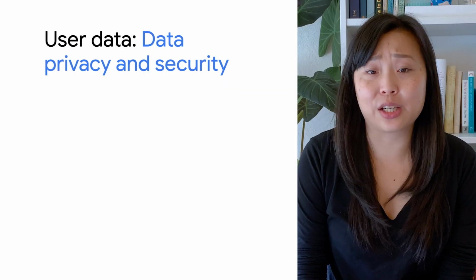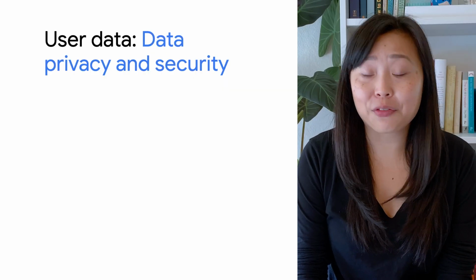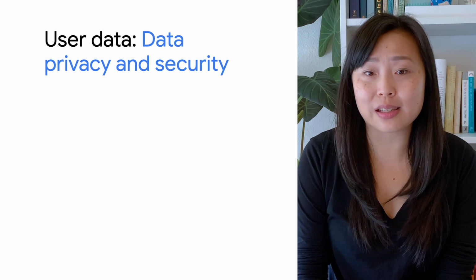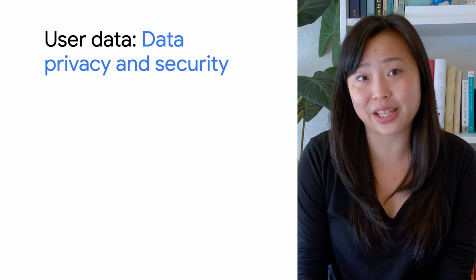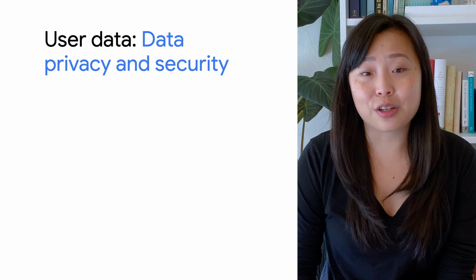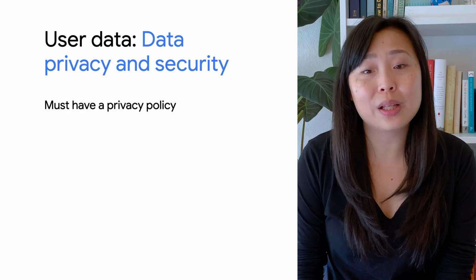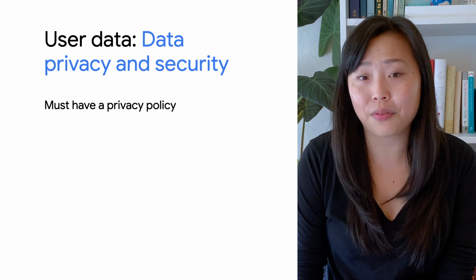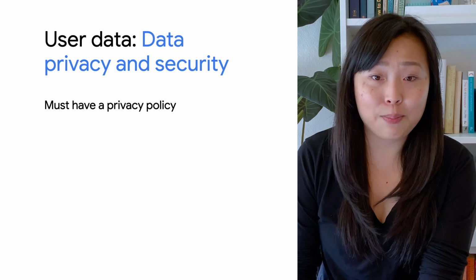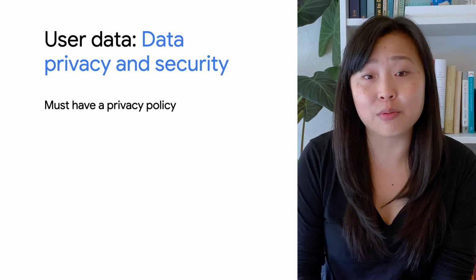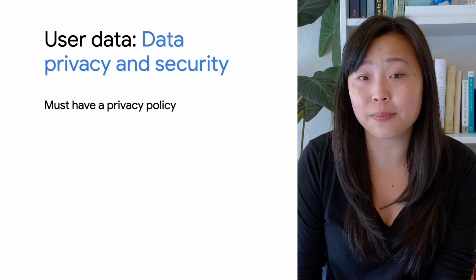With this new safety section, we're also introducing a few updates to our user data policy to bolster privacy and security. First, all apps must have a privacy policy that's posted in the Google Play console and within the app itself. The privacy policy must include information such as your data retention and deletion policy.